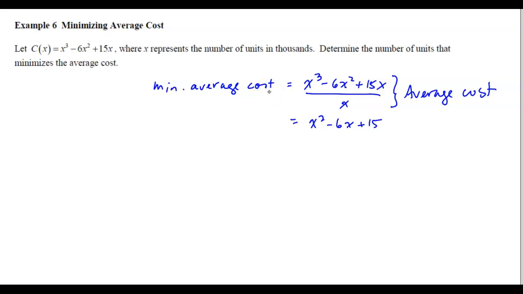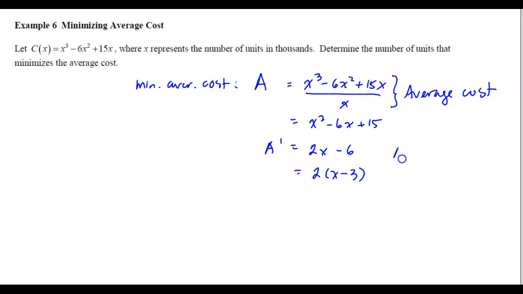So two ways of doing this. If I call this A, for average cost, to minimize, I can take the derivative of that and set it equal to 0.